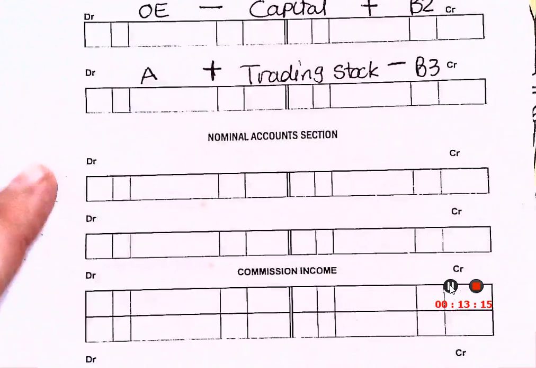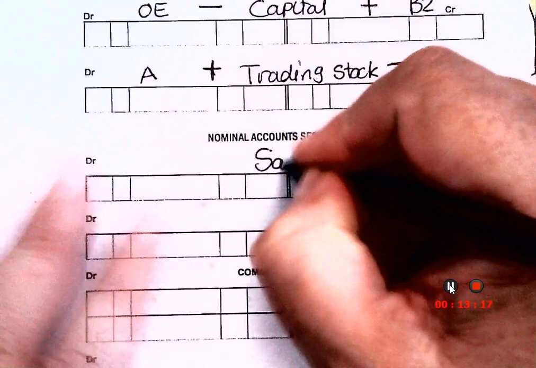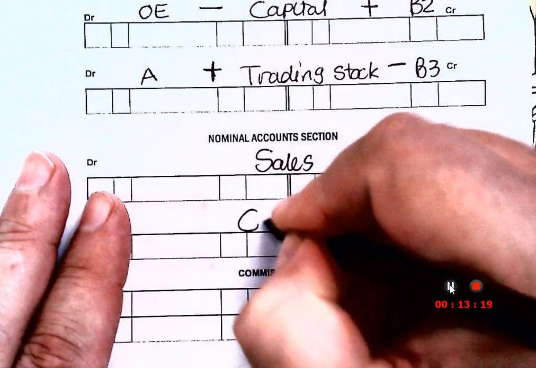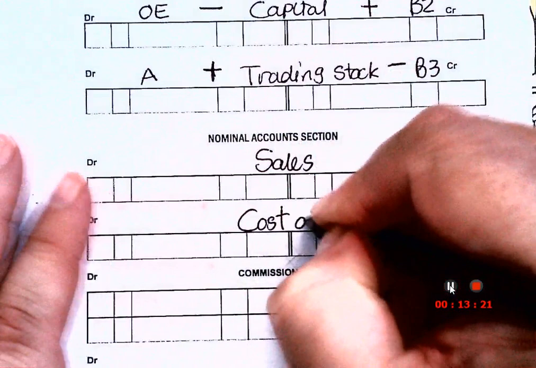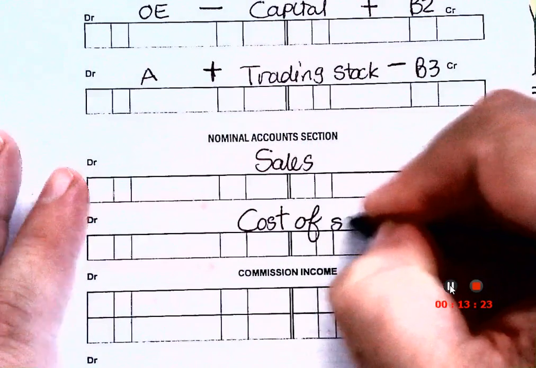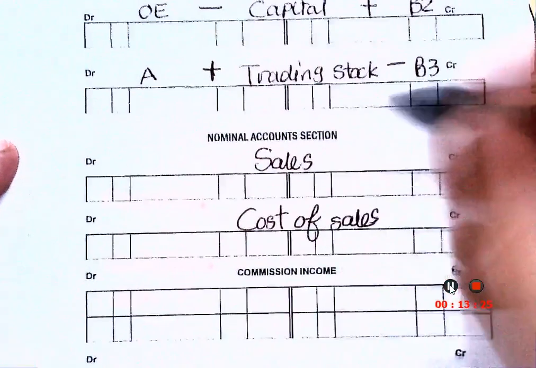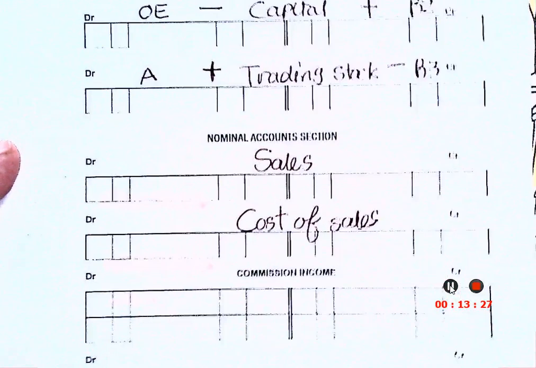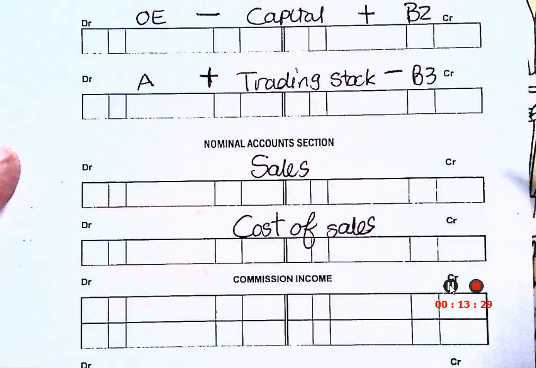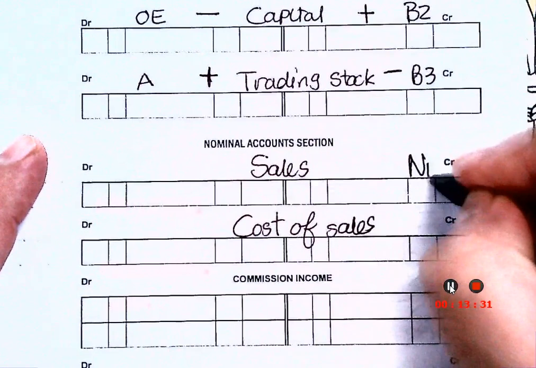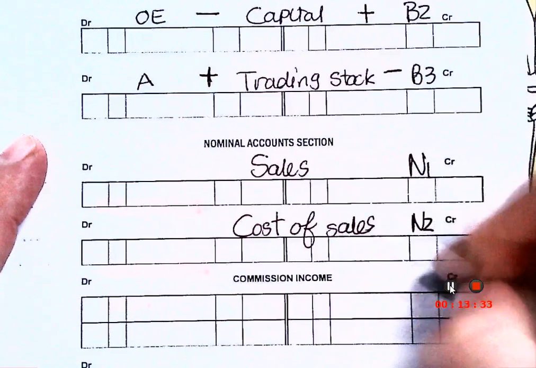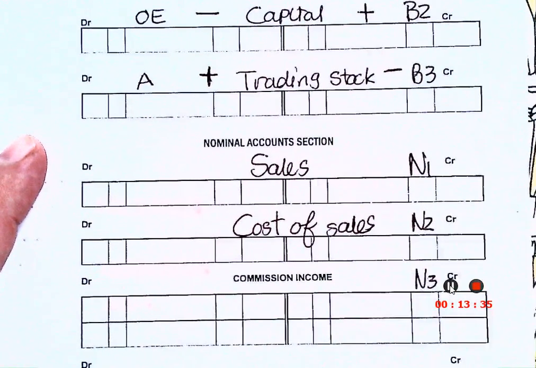So we go put in sales, cost of sales, and commission. And you see there are 2 extra things that we're not going to use. So I make sales nominal 1, nominal 2, nominal 3.